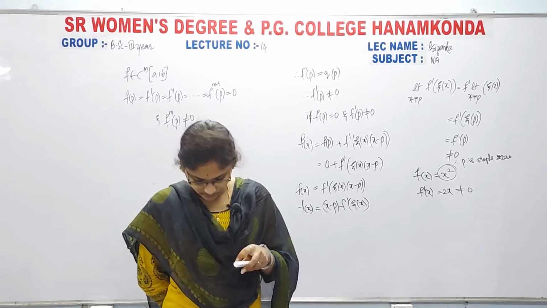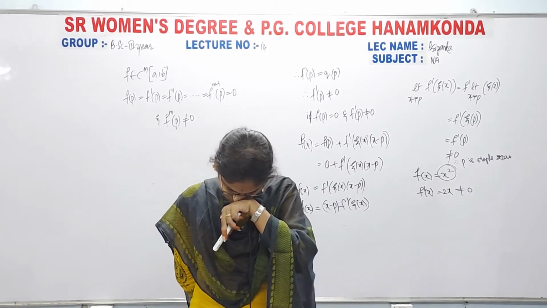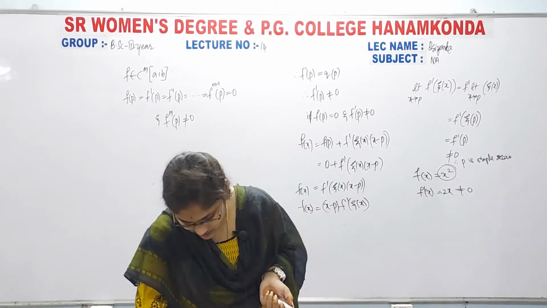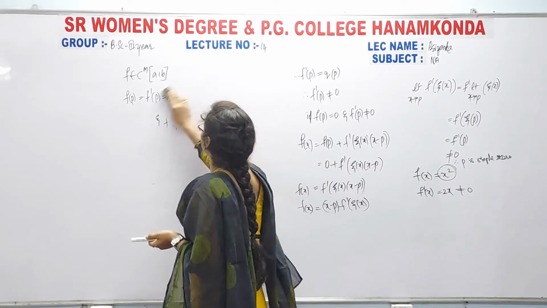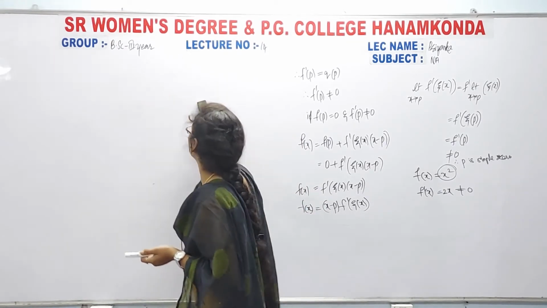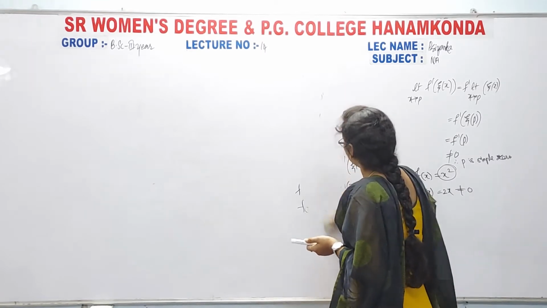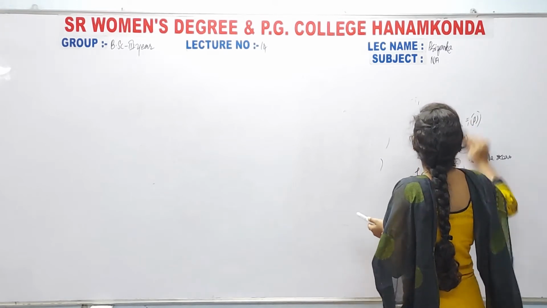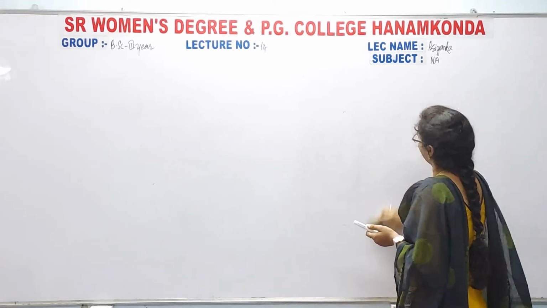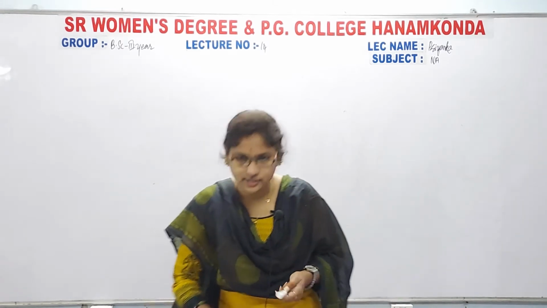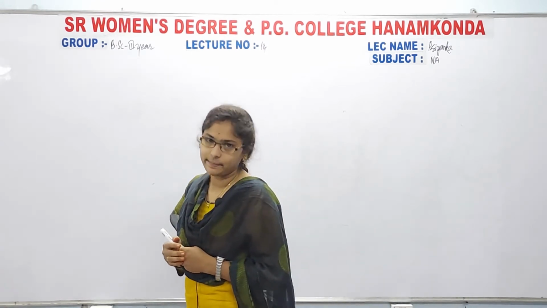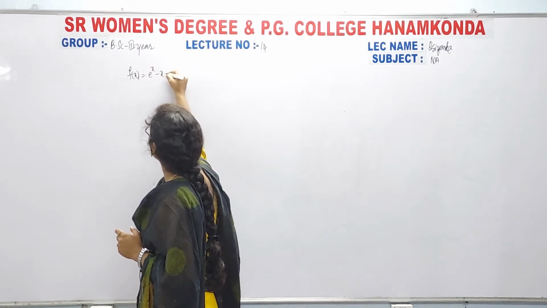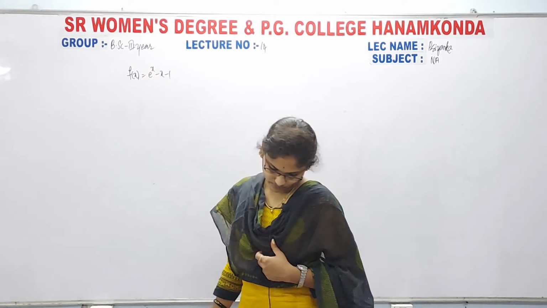Next, we have one problem. Write down. Let f of x equal to e power x minus x minus 1.